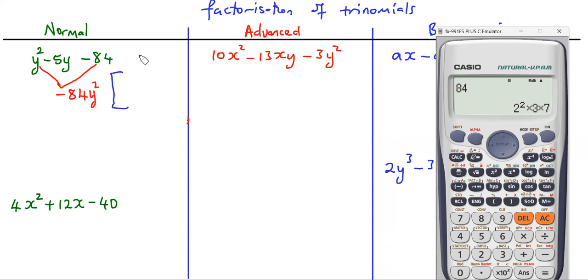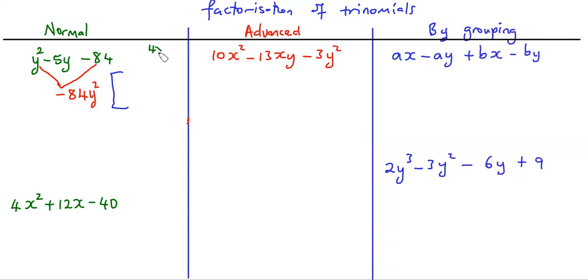So what I can say here is that we have 4 times 3 times 7, because 2 to the power of 2 is 4. Now, the factors that you can have are 4 times 3 is 12, and 7, so you have 12y and 7.